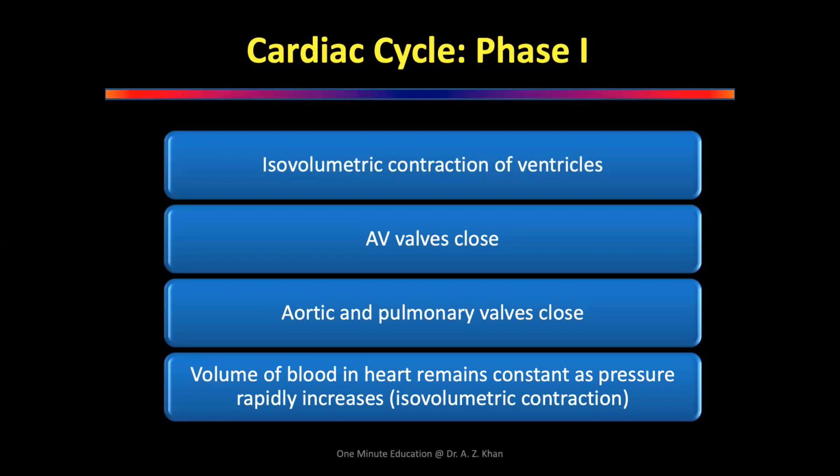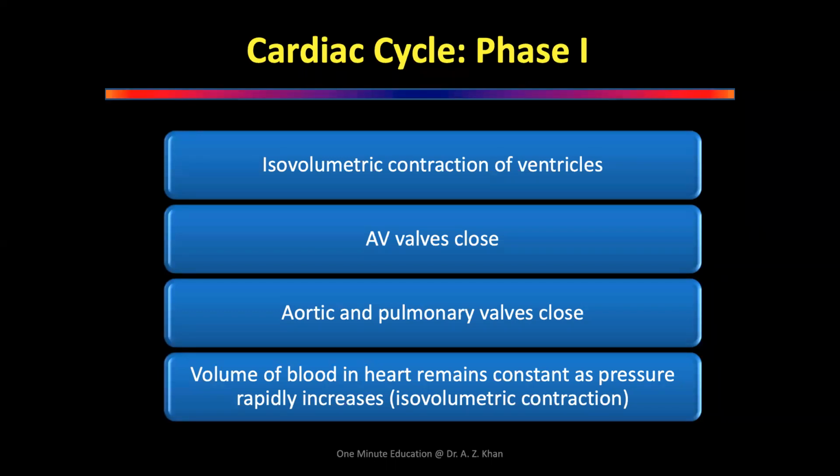So the pressure increases in the heart just as the AV valves are about to open. So this is called isovolumetric contraction. Volume of the blood in the heart remains constant as the pressure rapidly increases.